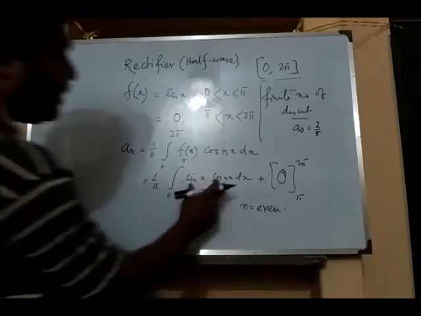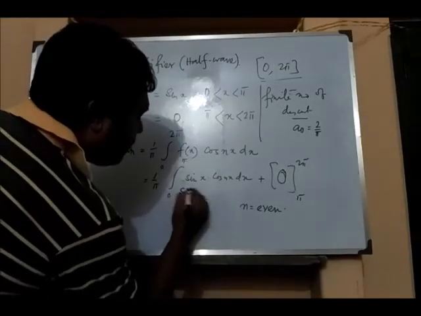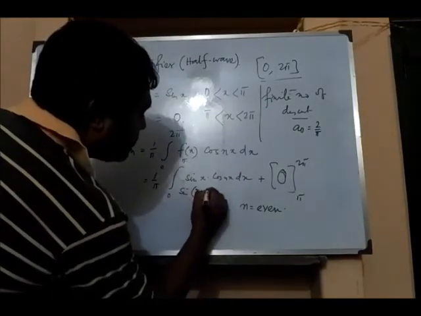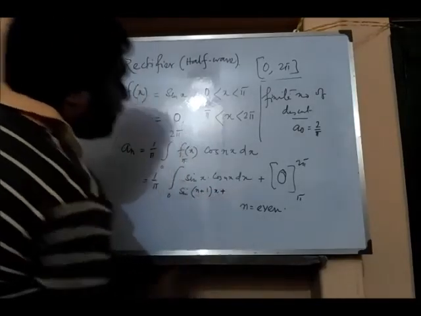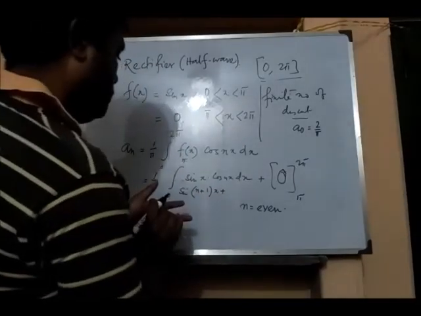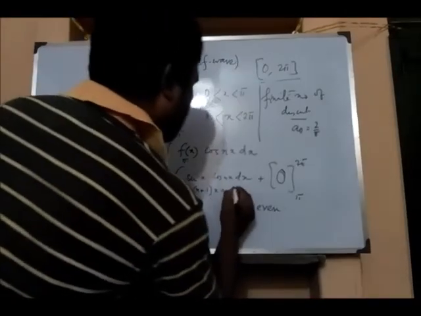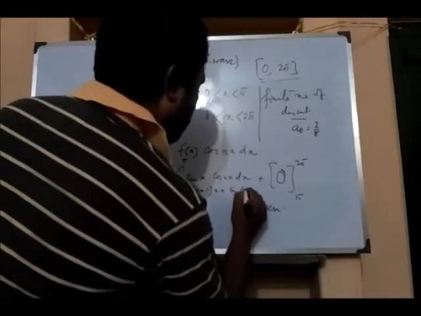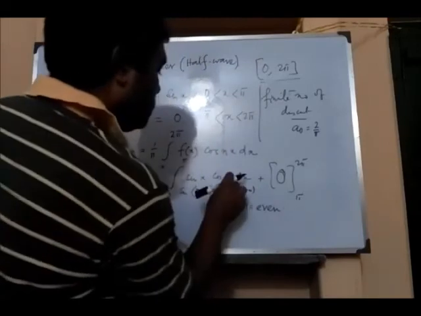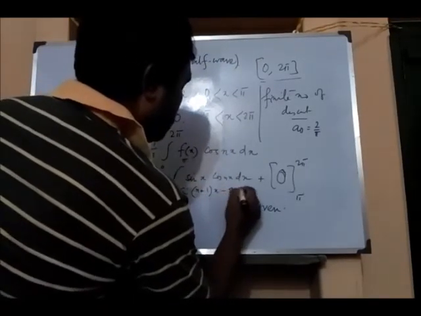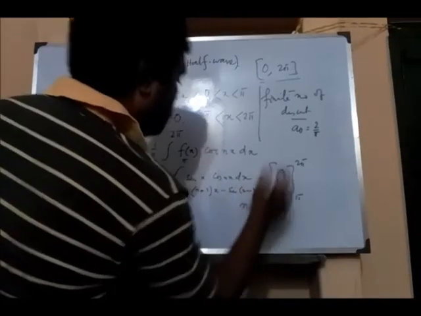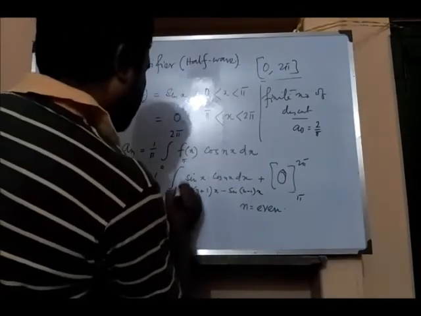So this becomes sin (n+1)x minus sin (n-1)x, all times half.